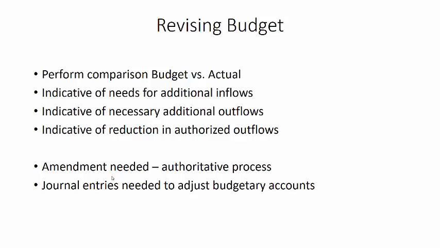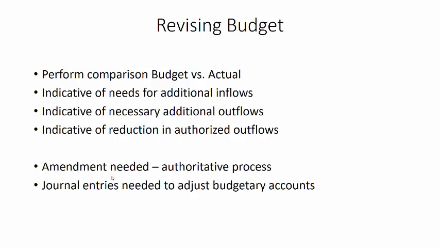Again, do we have the resources to make that happen or not? Could it be that our results indicate that we're going to actually have to reduce our authorized outflows? I mean, that's completely possible. Maybe we cannot go get some additional resources, and instead we're going to have to back off of what we had planned in appropriations, encumbrances, expenditures.